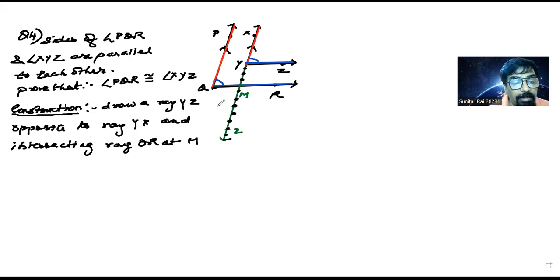Draw a ray YZ. Can you see this ray YZ, children? Okay, ray YZ, I write it properly. Ray YZ opposite to ray YX. Okay, ray YX. Can you see ray YX? I draw a ray YZ opposite to ray YX and intersecting ray QR at M.